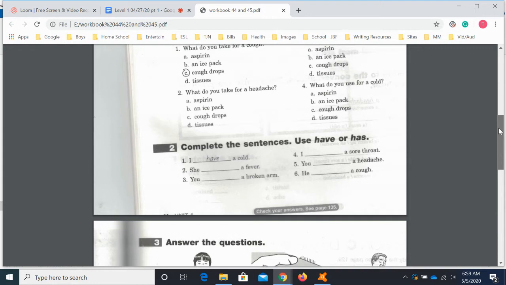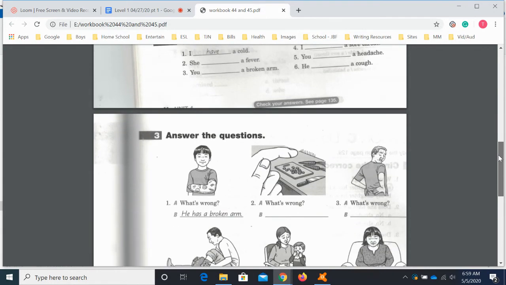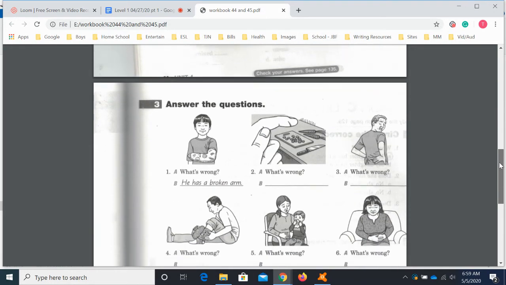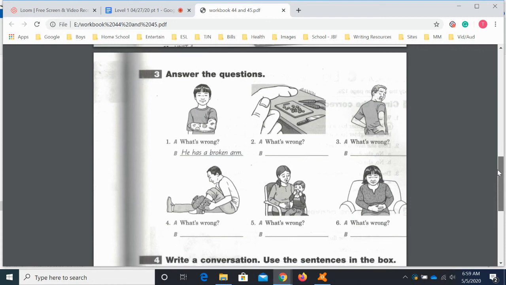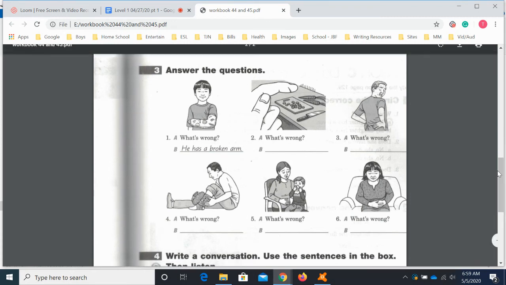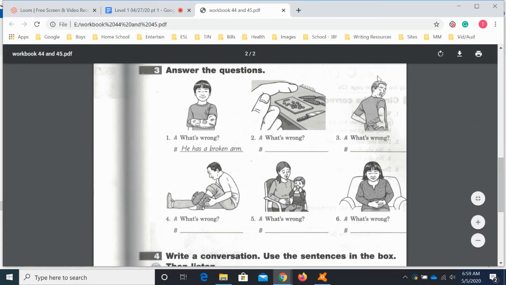Okay, great. Let's move on to exercise 3. And we are going to answer the questions. So we look at the picture and we try to figure out what's wrong in the picture, and then we say what's wrong.